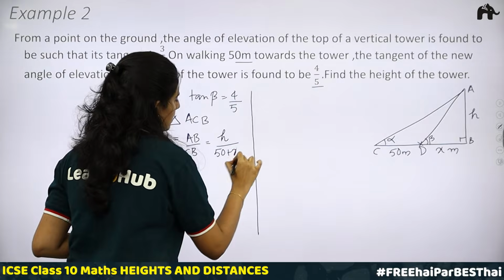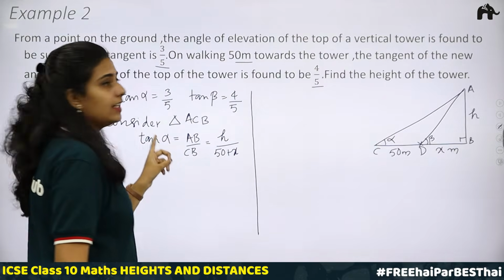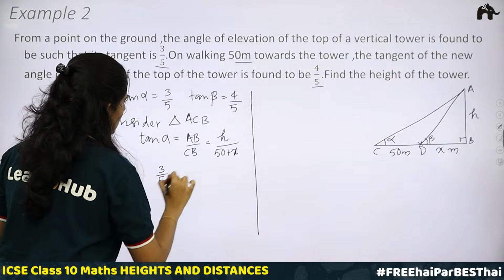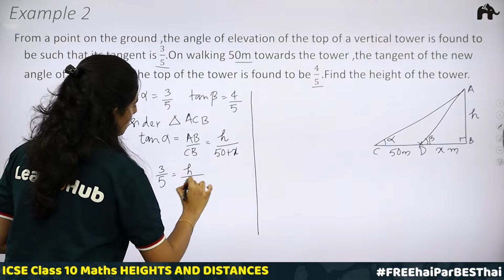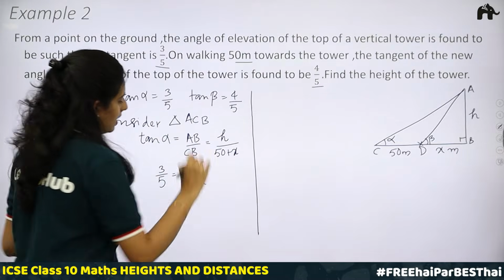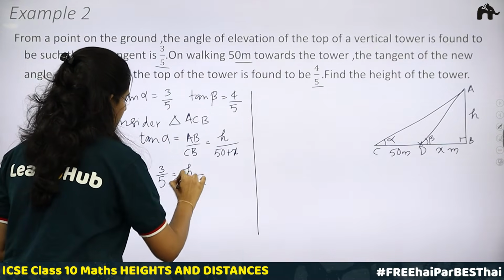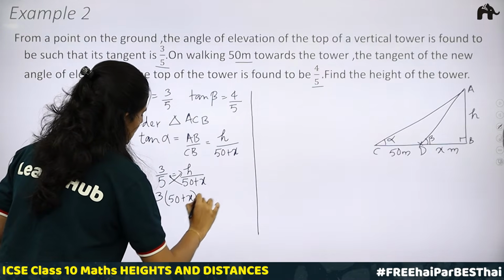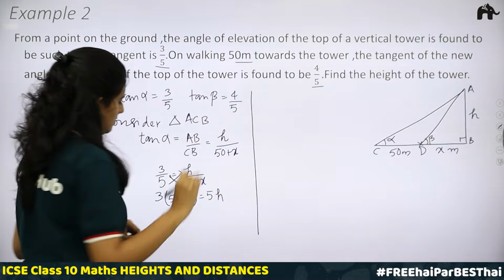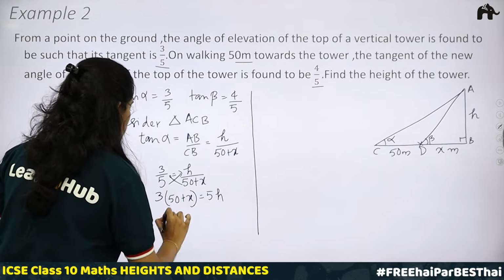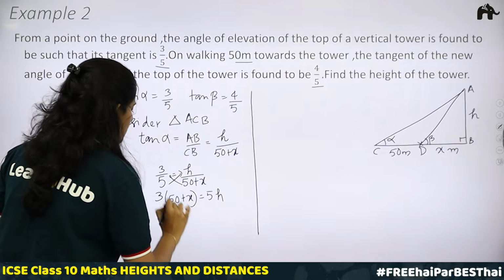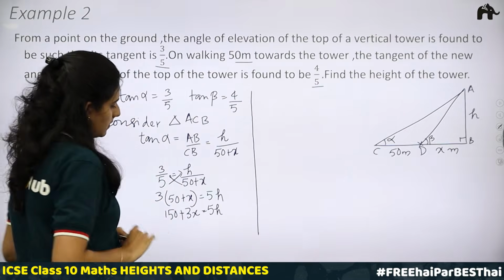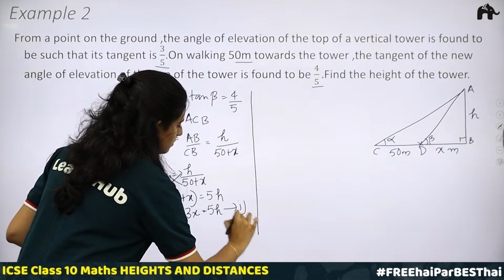Tan alpha value we know, which is 3 by 5. So, 3 by 5 is equal to h divided by 50 plus x. Now, cross multiplying, we get 3 into (50 plus x) is equal to 5 into h. That is 3 into 50, 150, plus 3 into x, 3x, is equal to 5h.